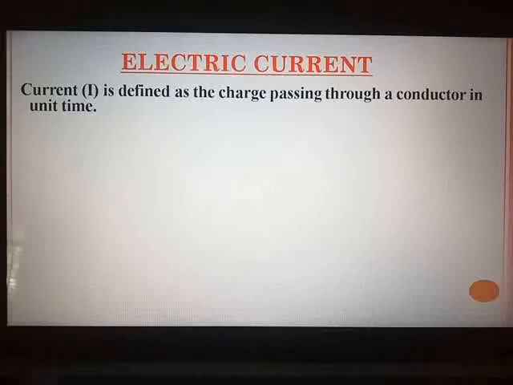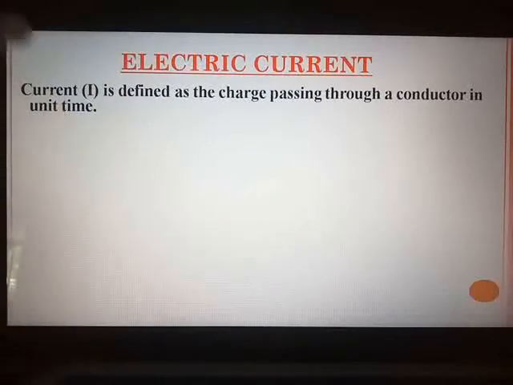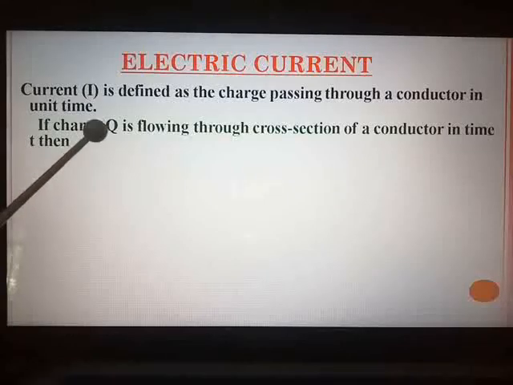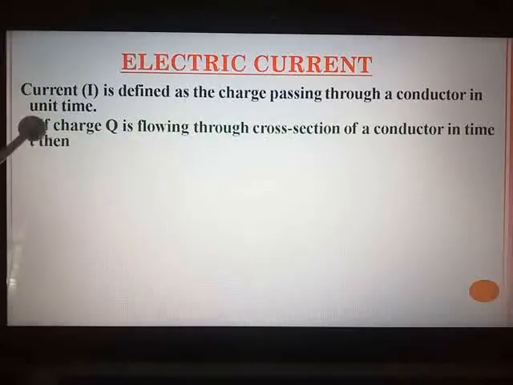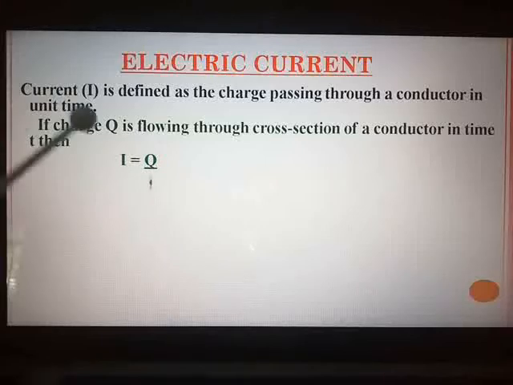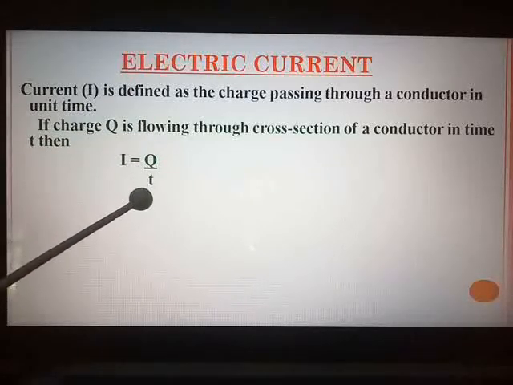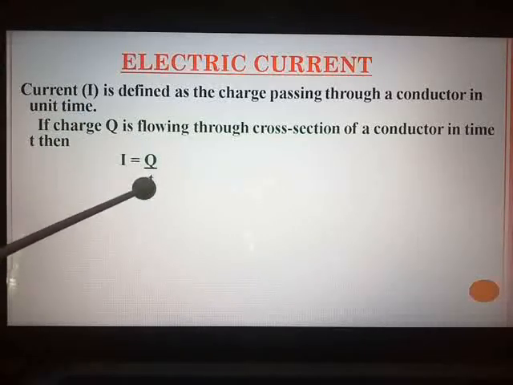So in scientific terms we can say that current is the charge passing through a conductor in unit time. So if charge Q, charge is denoted by Q, we have seen in potential difference, is flowing through the cross section of a conductor in time t, then current I will be equal to charge flowing in a particular time. So the formula for current is I = Q/t.